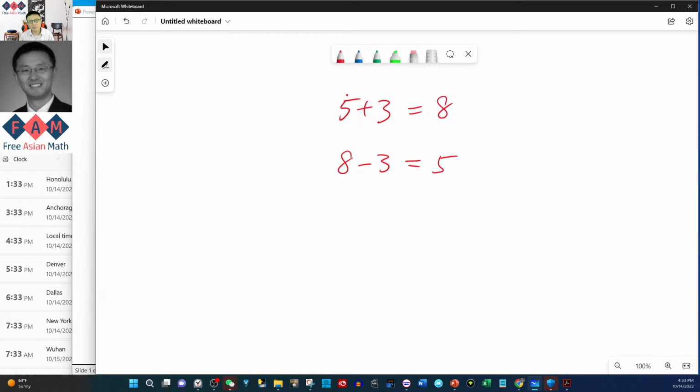That's because subtraction can actually be defined via addition. In other words, subtraction is just a different statement of addition. Similarly, division can be defined through multiplication, or division is just another way of stating multiplication.